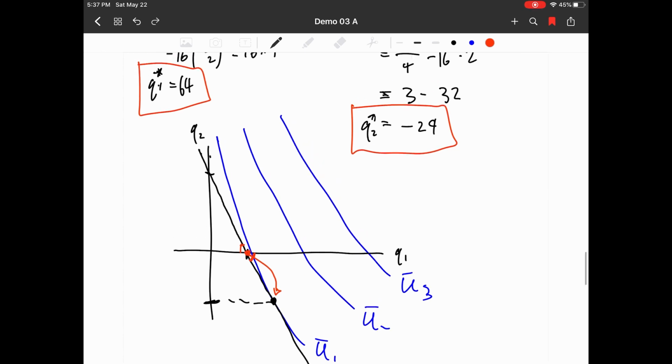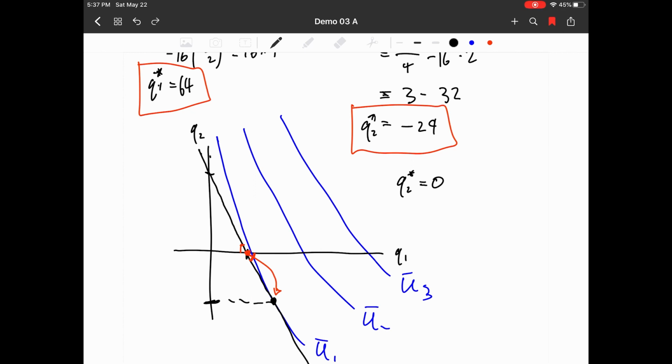So to solve this, we actually have to plug in Q2 star is equal to 0. We're essentially bounding from below, or restricting to just the positive values.